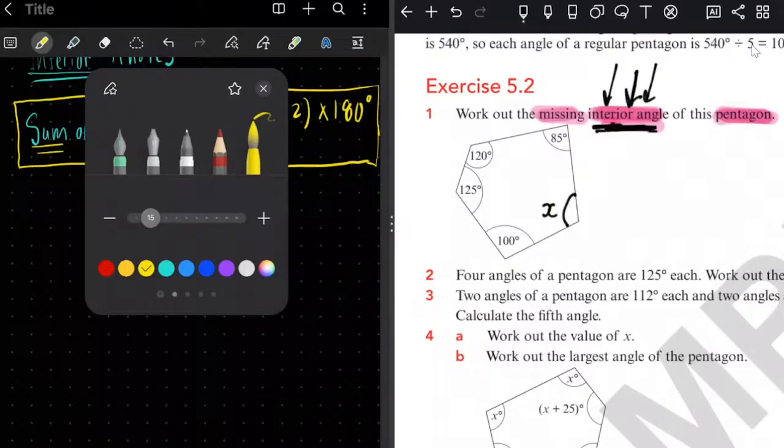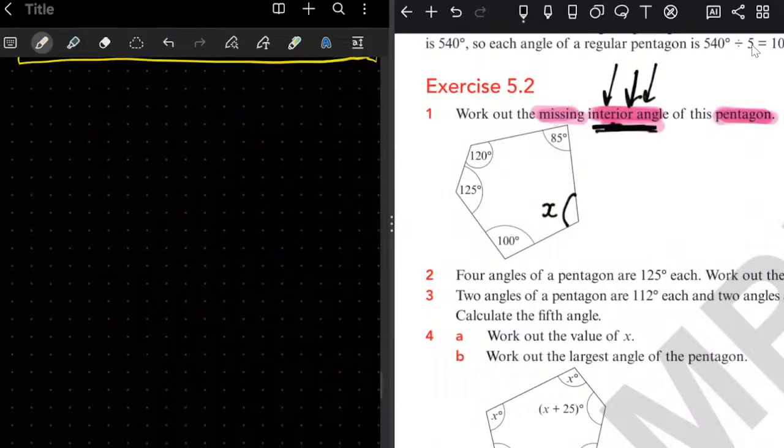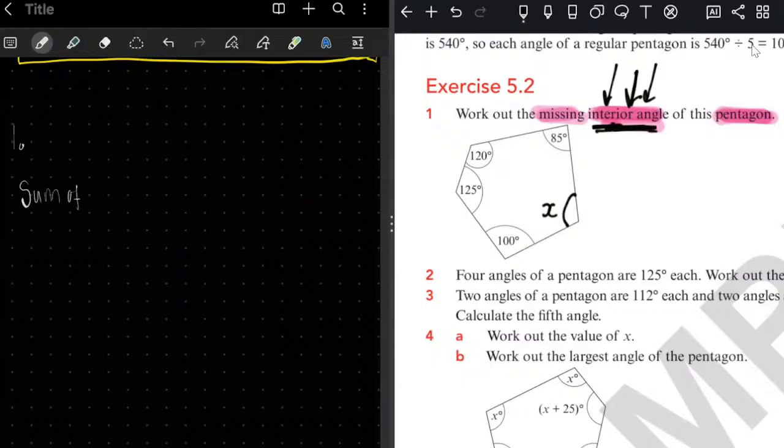So now, they ask you, work out the interior angle. You write number 1. You say, sum of interior angles. This is how you solve it. What is the sum of interior angles equal to?